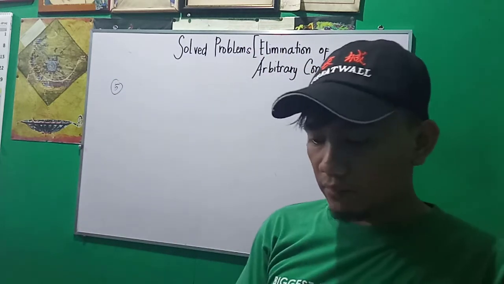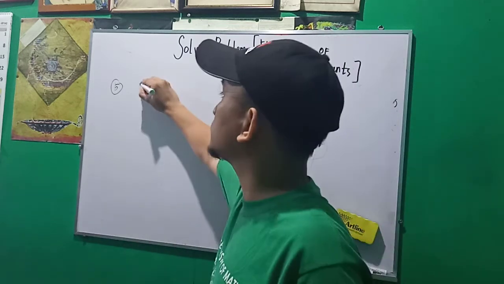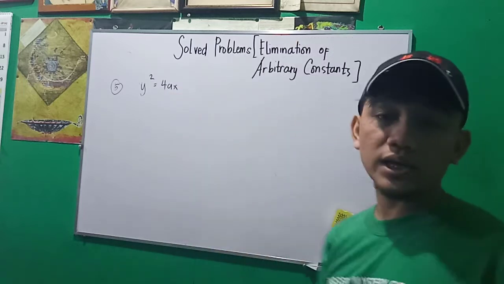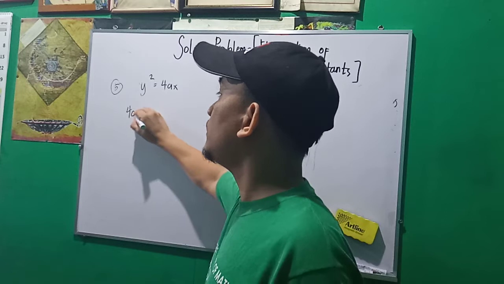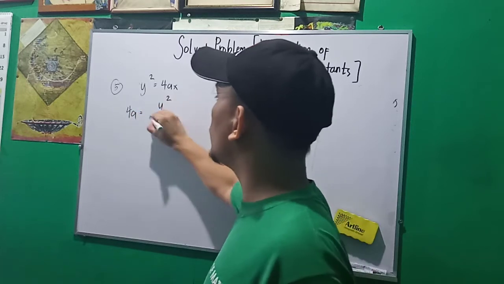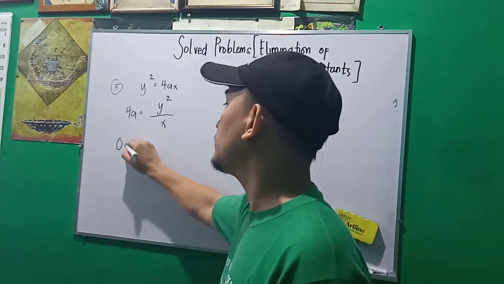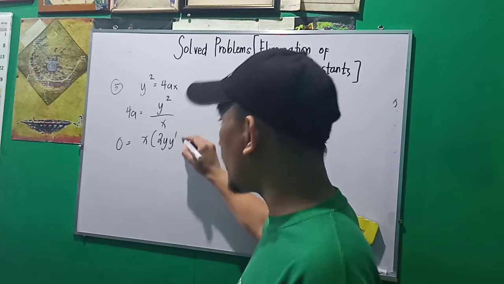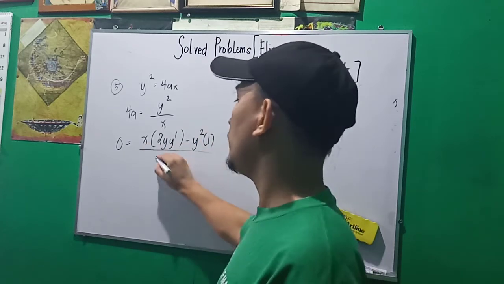Okay, number 5 na tayo mga lodi. Number 5. y squared equals 4ax. So, yan ulit. Diskarte ni Sir IJ. Pag may constant kasamang variable, isolate. So, 4a equals y squared over x. Differentiate both sides. 0 equals v du. Ang derivative ng y squared, 2y prime minus u dv all over v squared.